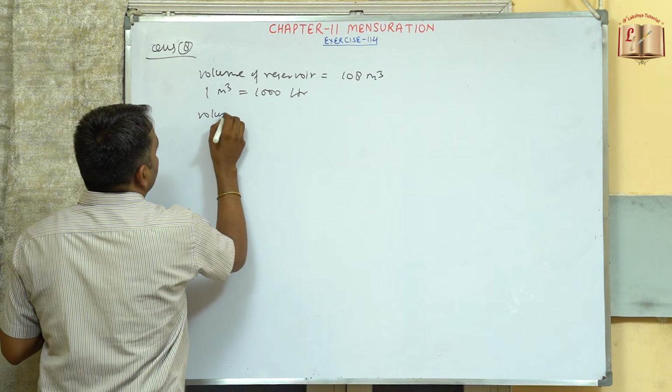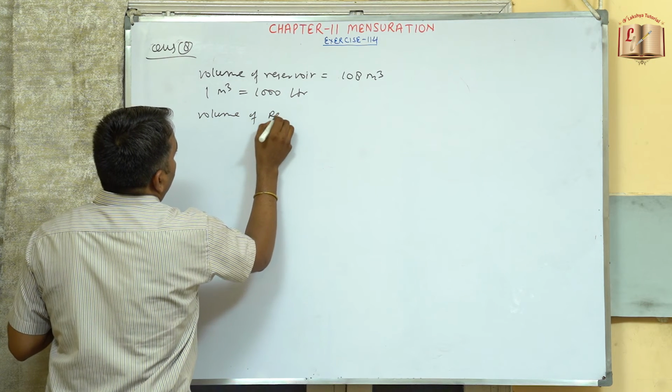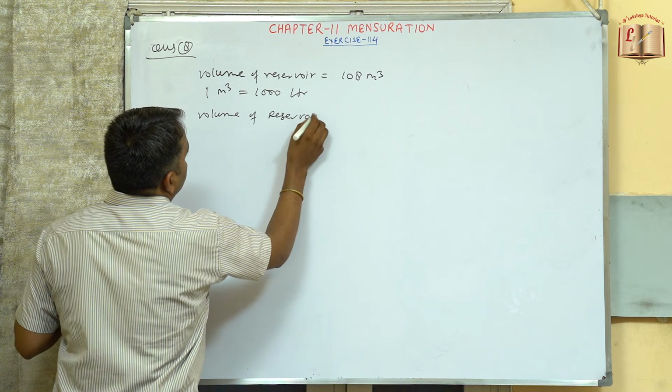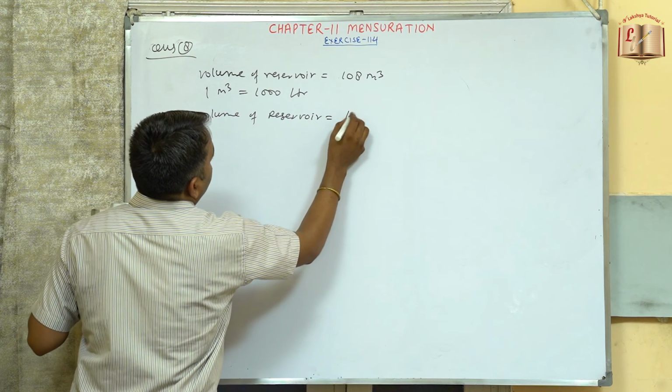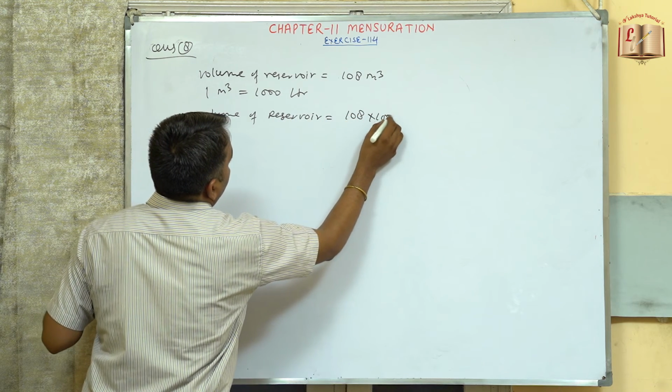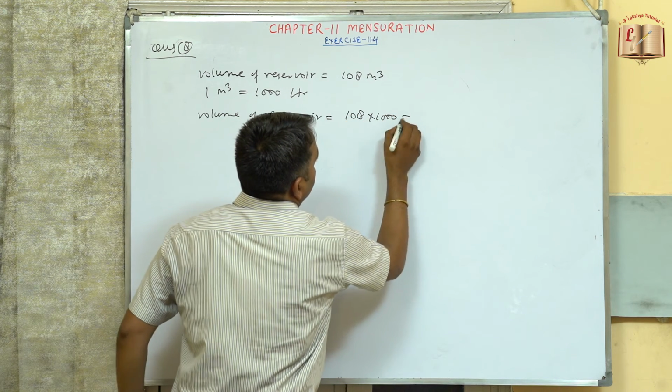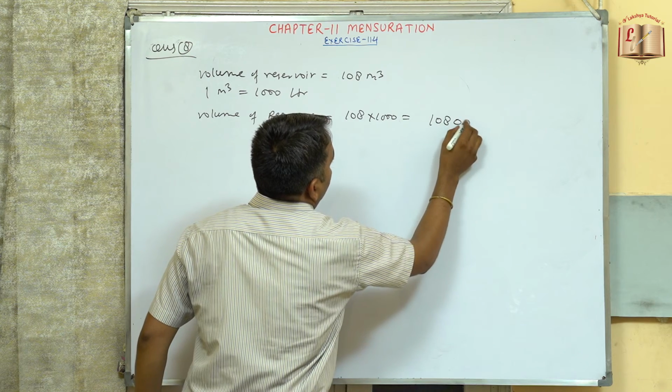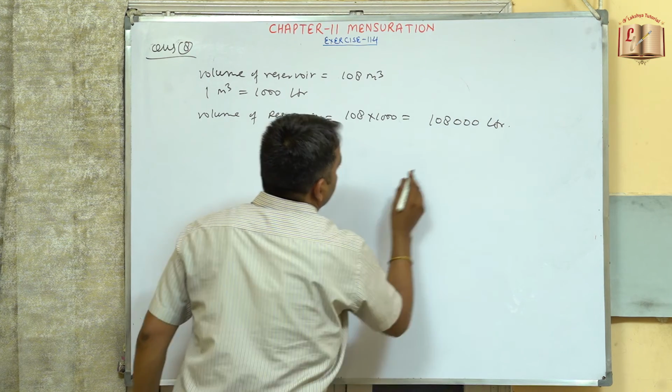So volume of reservoir will be 108 into 1000, so this is 108,000 liters.